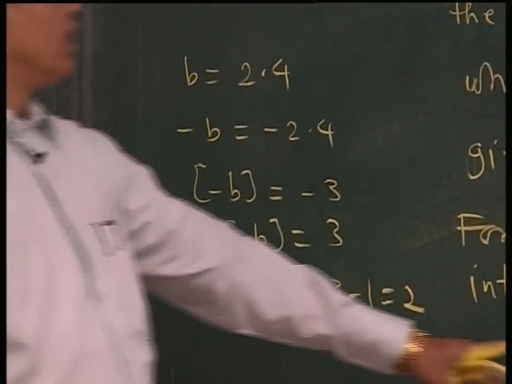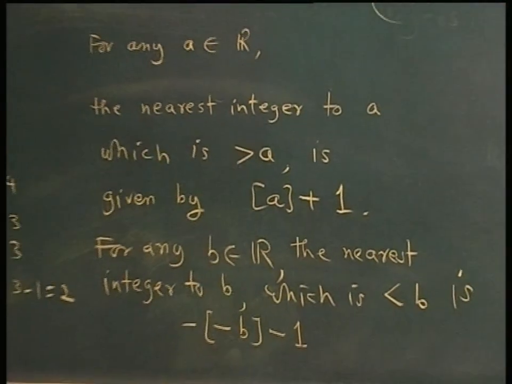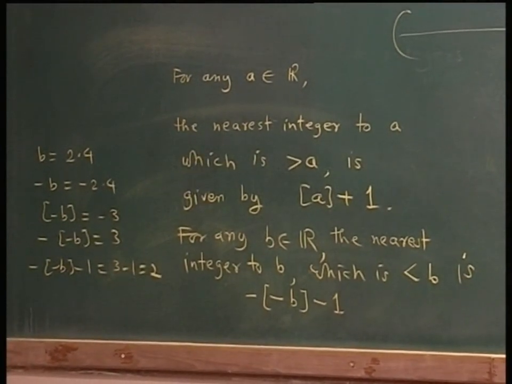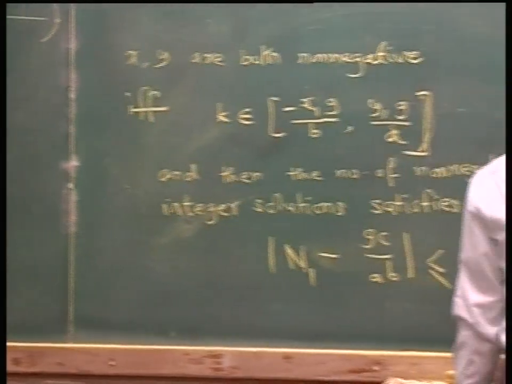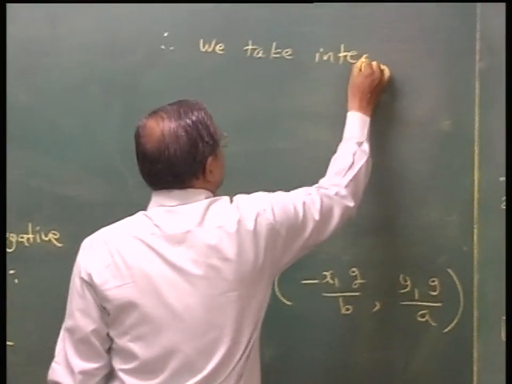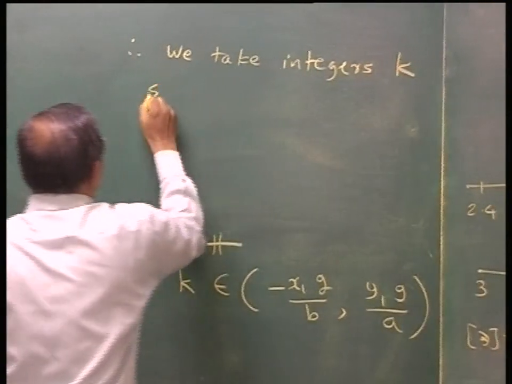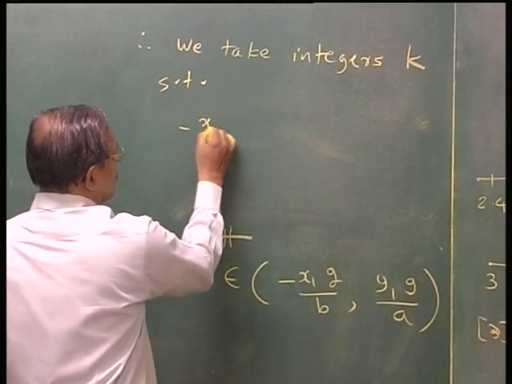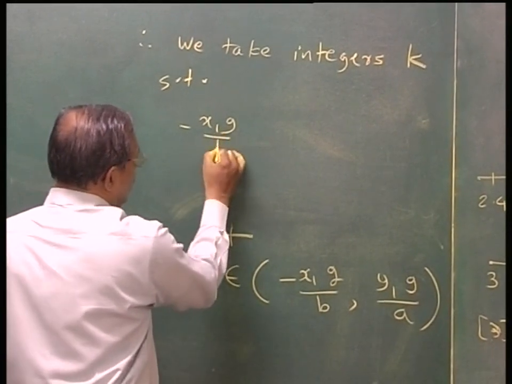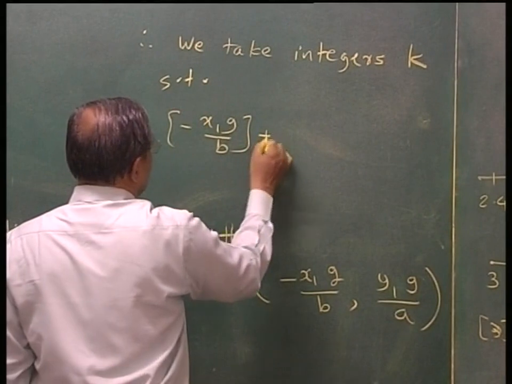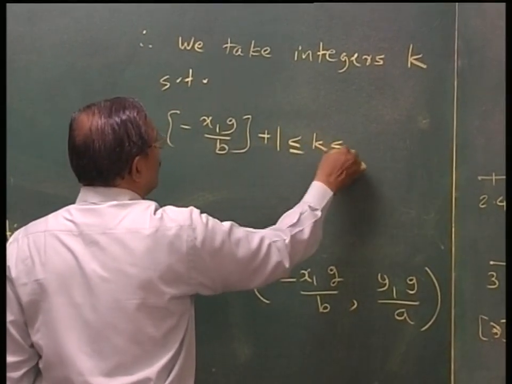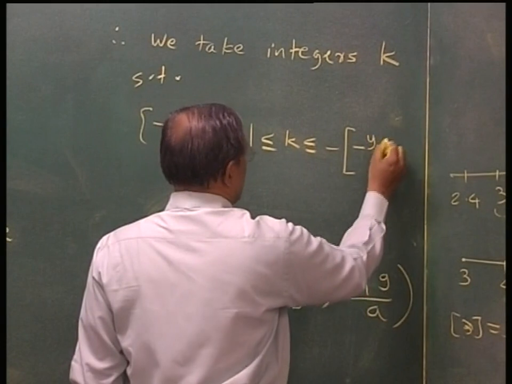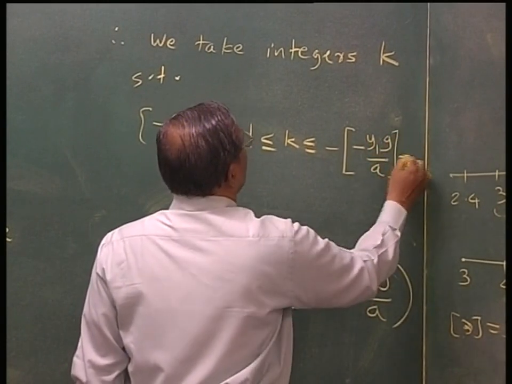Okay, so the values of k that we should take, therefore, we take integers k such that minus x1g by b integral part of this plus 1 less than or equal to k less than or equal to minus of integral part of minus y1g by a minus 1.